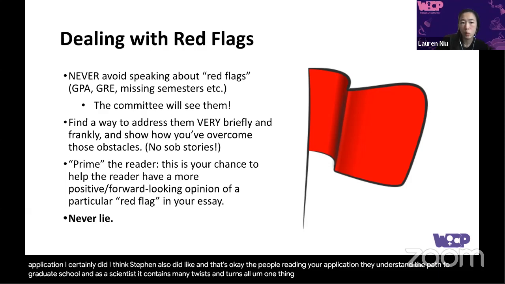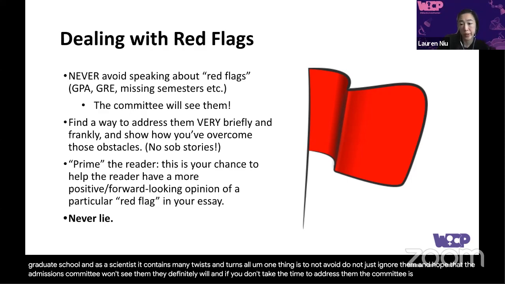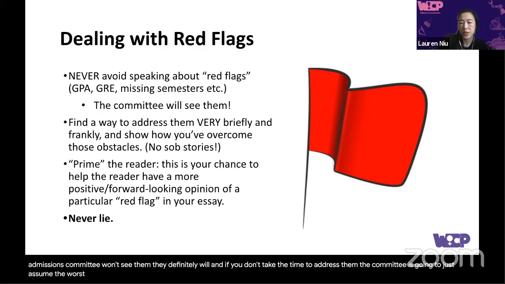One thing is, do not just ignore them and hope that the admissions committee won't see them. They definitely will. And if you don't take the time to address them, the committee is going to just assume the worst. And so instead, use your agency that you have here.